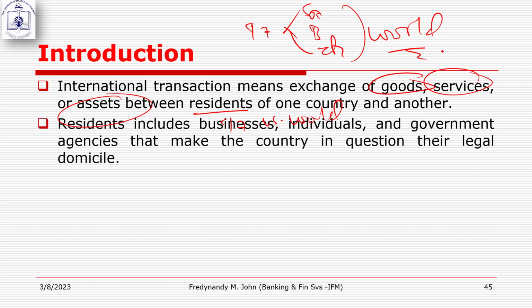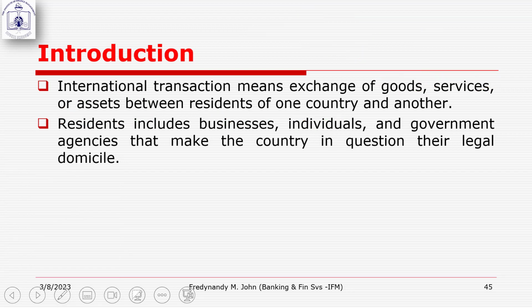Now, residents include businesses, individuals, and government agencies that make the country in question their legal domicile. This again is very important to understand, all right?